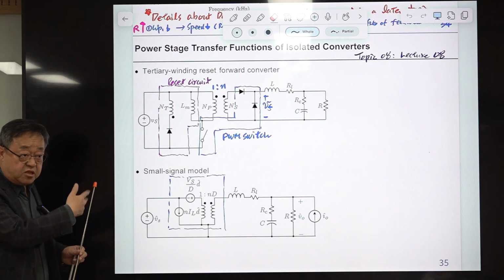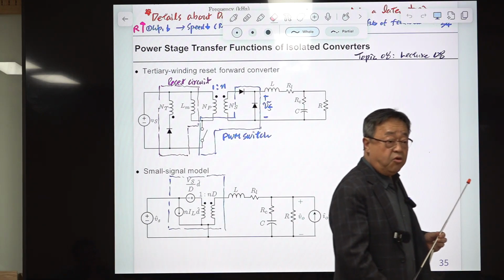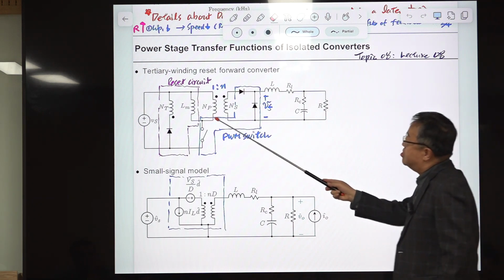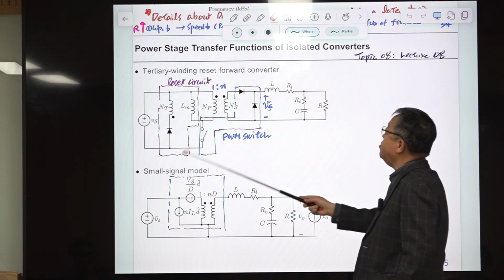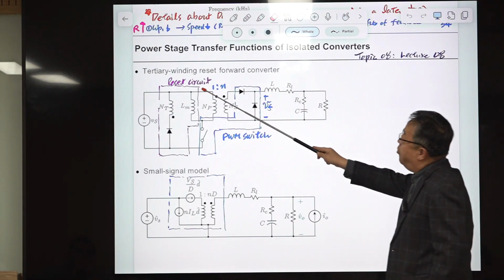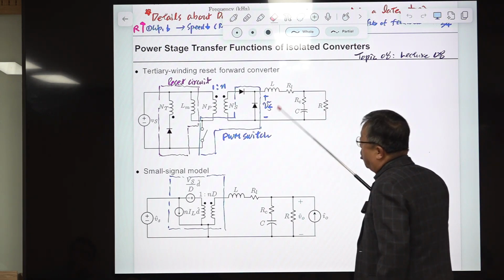This is the reset circuit, and it does not interfere with the operation of the converter itself. Without it the transformer will saturate and the converter won't work. The only purpose of this is to make the converter work.